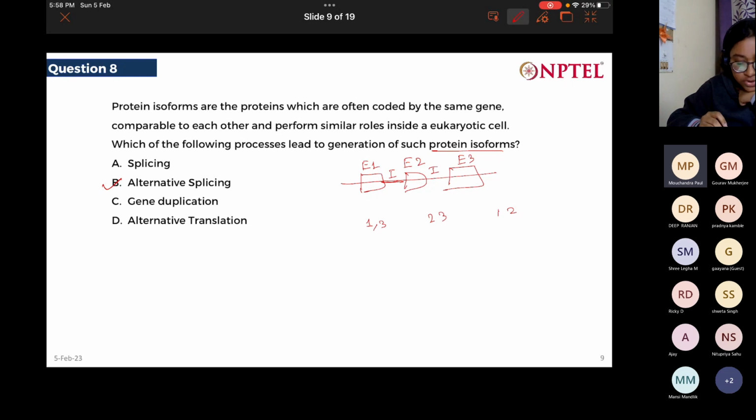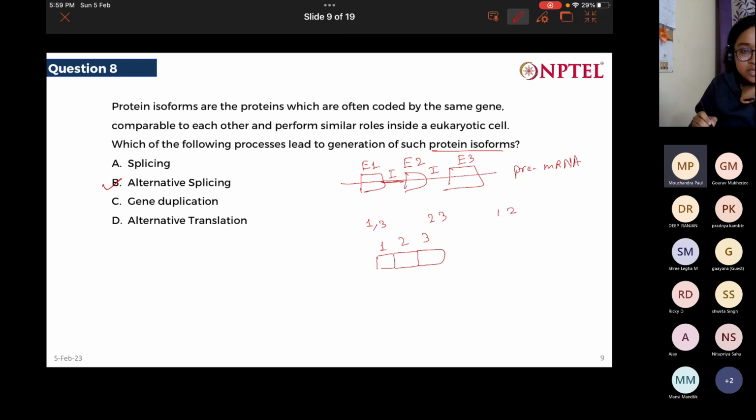It won't be simple splicing. Simple splicing just leads to, if this is a pre-mRNA, simple splicing will just ligate 1, then 2, then 3. That's the only combination of exons that we'll get in the mature mRNA.